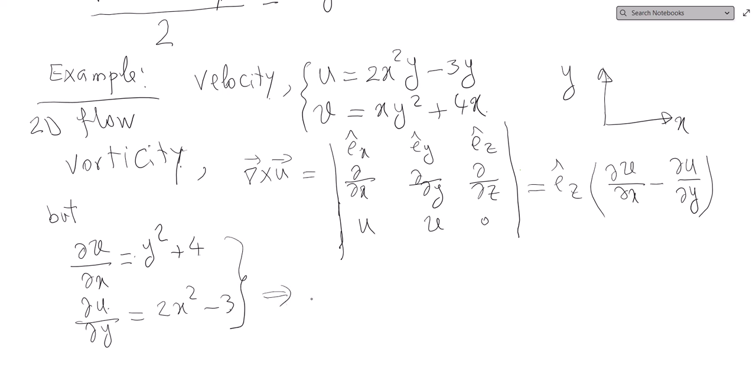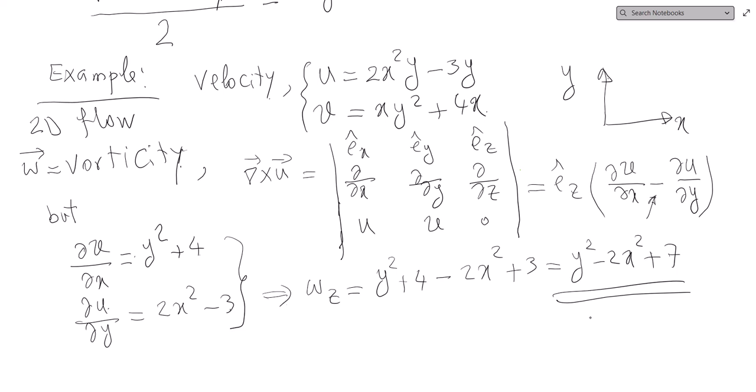Let's call the z component of the vorticity omega. Omega becomes y squared plus 4, minus du dy, so multiplying by minus, minus 2x squared plus 3, and this gives me y squared minus 2x squared plus 7. So this is the vorticity.